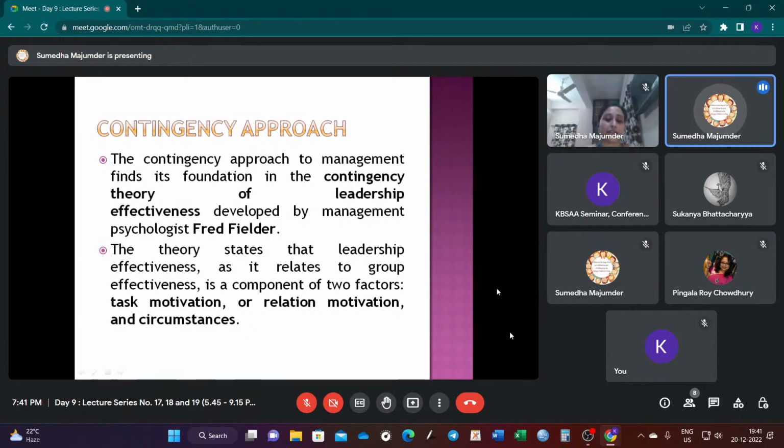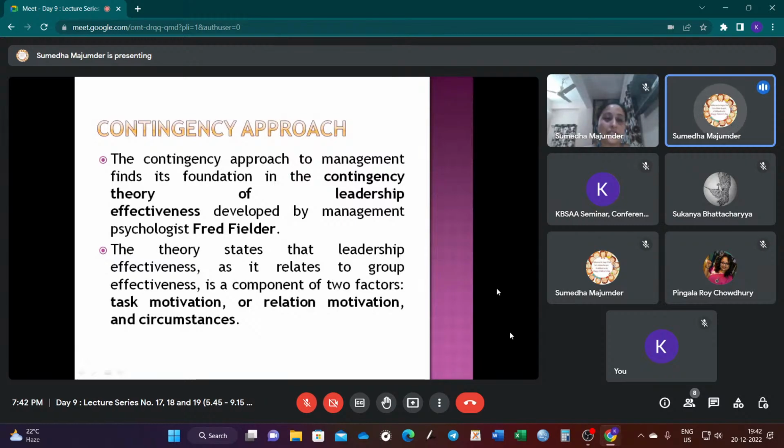So that is why the contingency approach believes that if there are any changes, maybe social changes, economic changes, or any other macro level or micro level changes, how those changes are converted in a positive manner in the business, and how they are handled by the business, this perception, this kind of mindset is provided under this contingency approach.